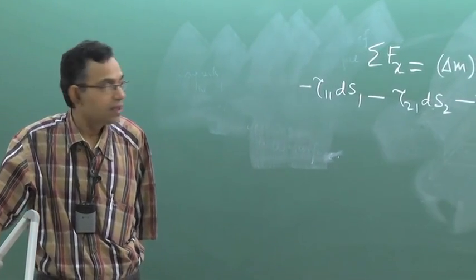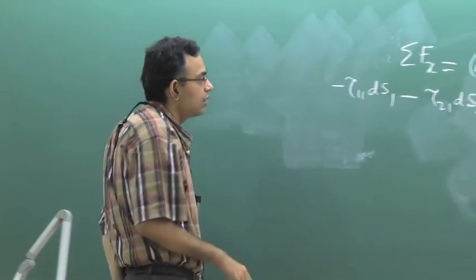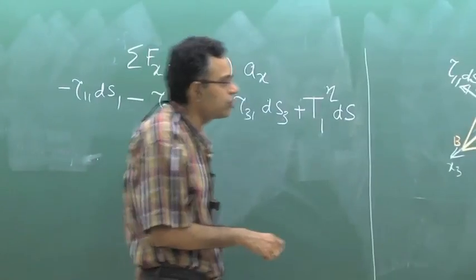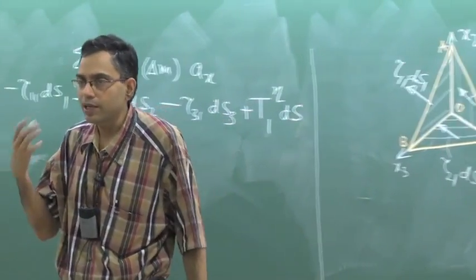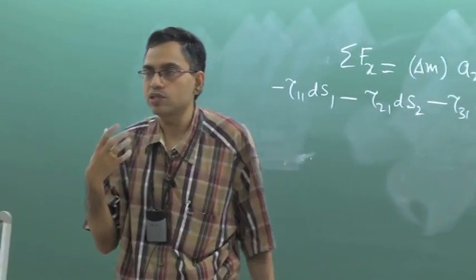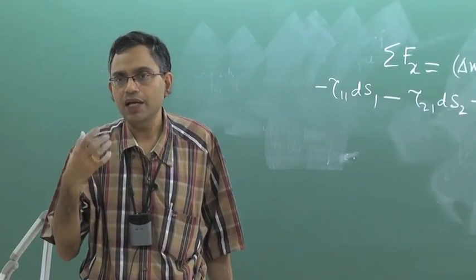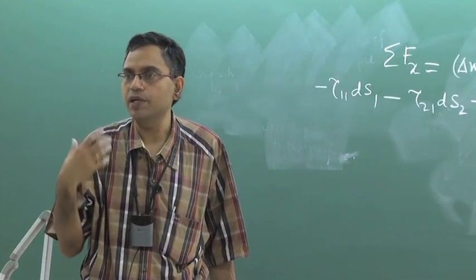This is the surface force. Then there is also a volumetric force or a body force. We have discussed a little bit about that, but usually body force is represented by either force per unit mass or force per unit volume.